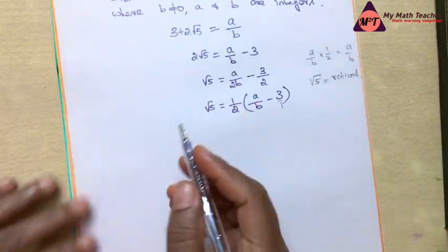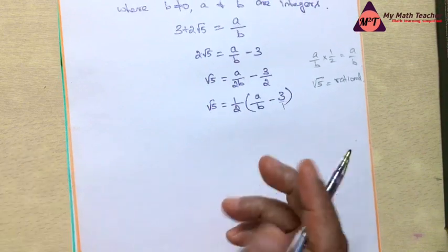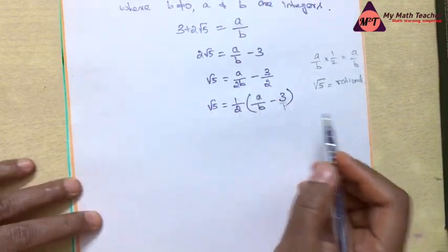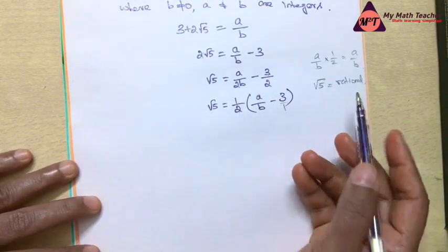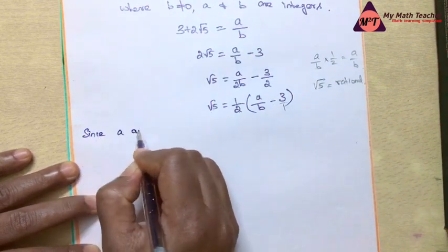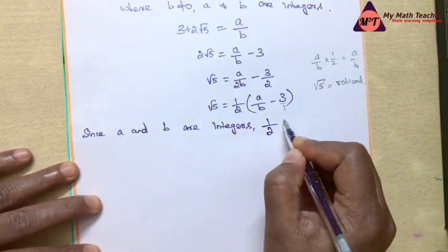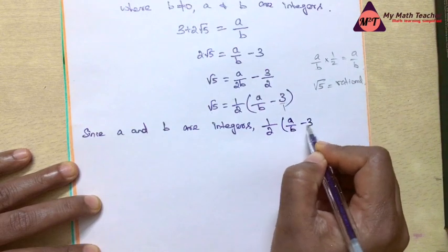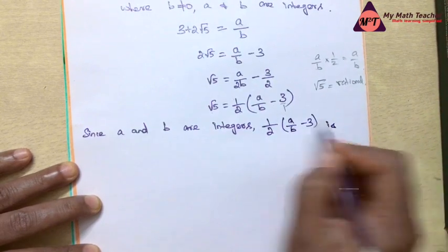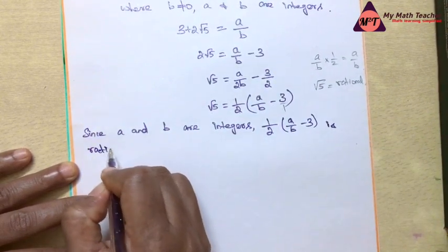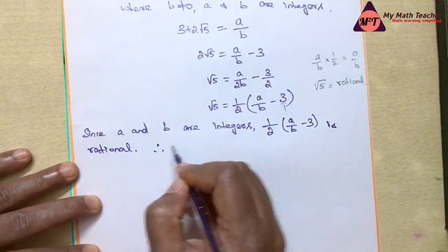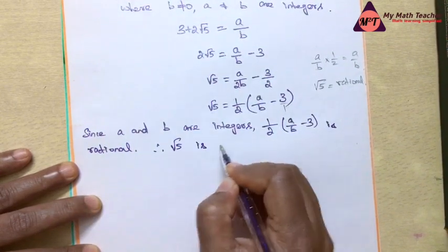Since a and b are integers, the answer will be rational and root 5 will be rational. 1 by 2 into a by b minus 3 is rational. Therefore, root 5 is rational.